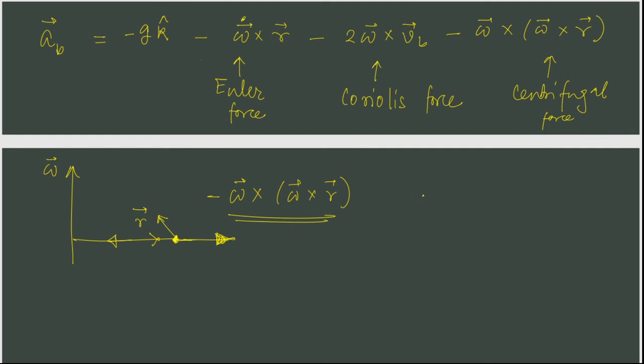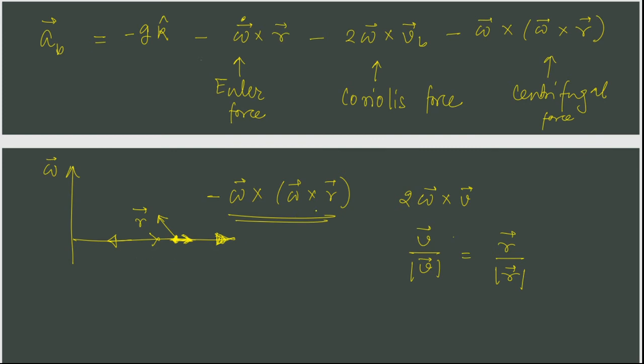Now, what about this omega cross v? We don't have to write the subscript B all the time, simply because now we are assuming that our description is taking place in the rotating frame, along with the rigid body, the body frame. So as such, let's say this velocity is going out. So r dot is going out and it is along the direction of r. What I mean to say is that the unit vector along r and the unit vector of v are the same.